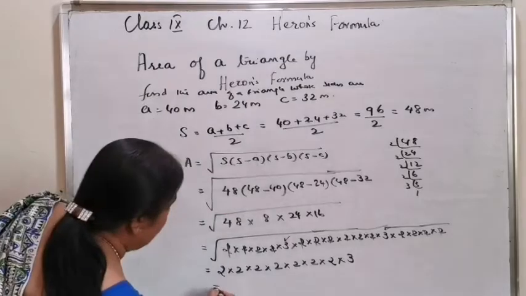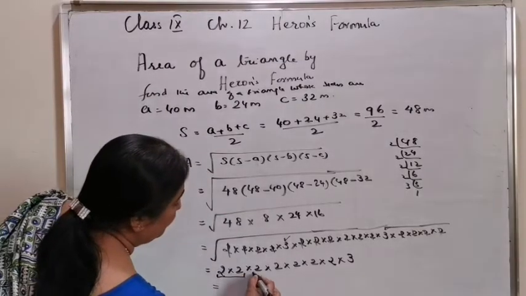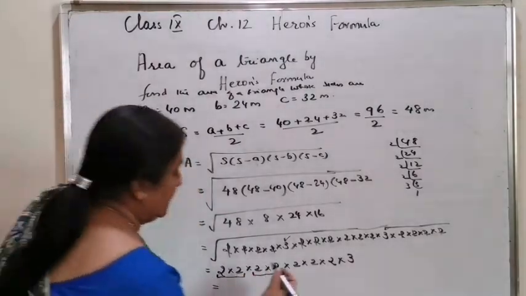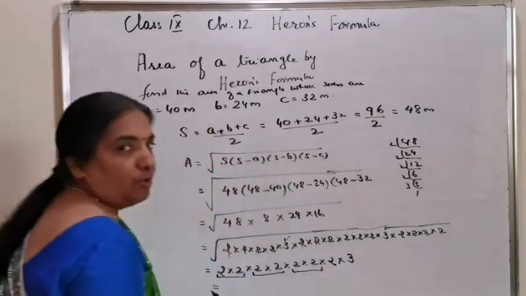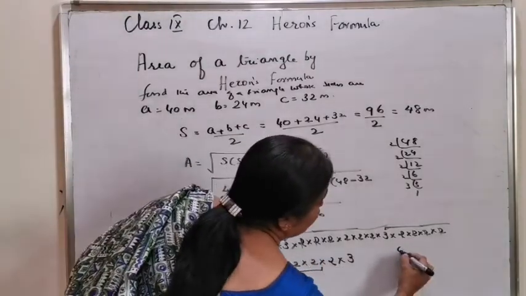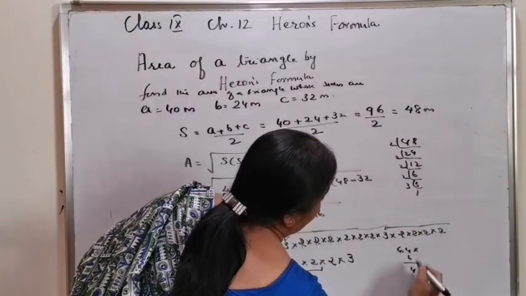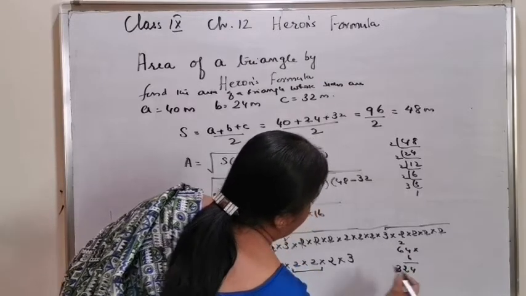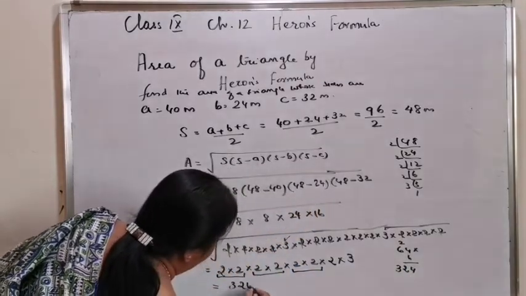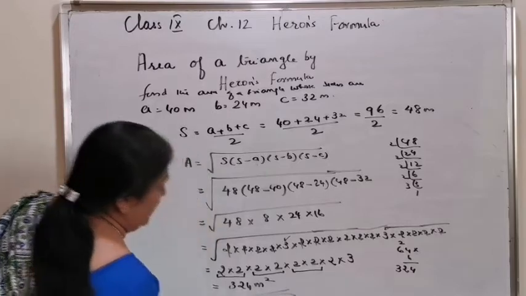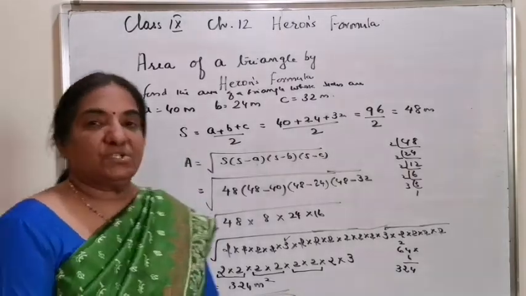So what is the final answer? 2 into 2, 4, 4 4s are 16, 16 into 4, 64, 64 into 6, 4 to 324 meter square. Area is always in meter square.